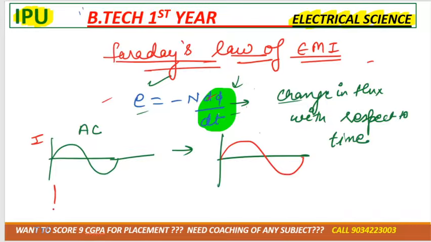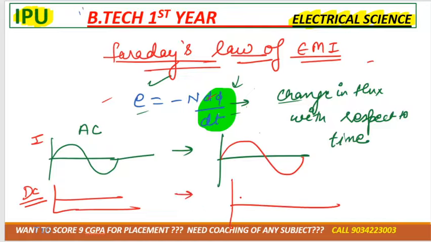Now on the second part, if we provide the DC supply, is the current changing? No. If the current is not changing, then flux also remains constant. If flux is constant, there will be no EMF induction. No EMF induction means no transformer. Basically, a transformer always works on AC.